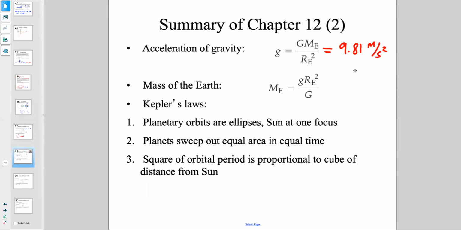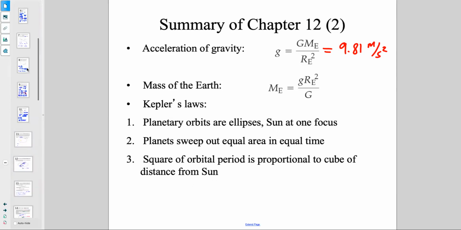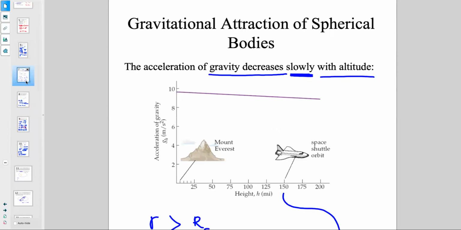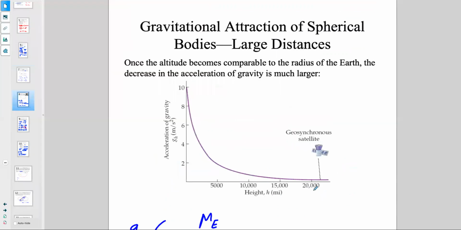But if you're going really, really far away, and I showed you an example of it, up to the point like 150 miles from the surface of the Earth, you have pretty much the same value for g. But if you're going really far away, like 20,000 miles away, then the value for g will decrease, okay?